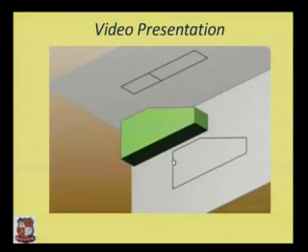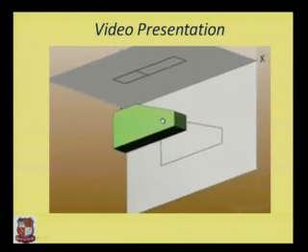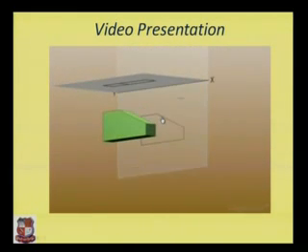Here in this case, the object in the third quadrant is kept below the horizontal plane and behind the vertical plane. Now in the third quadrant, the observer has to see the front view by keeping the vertical plane in transparent form.